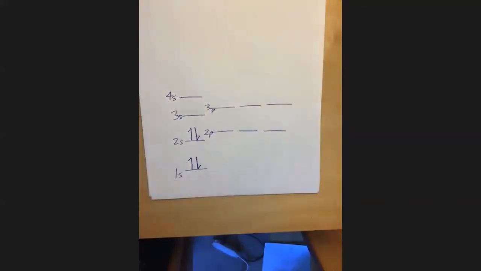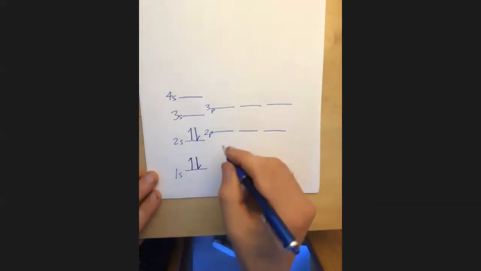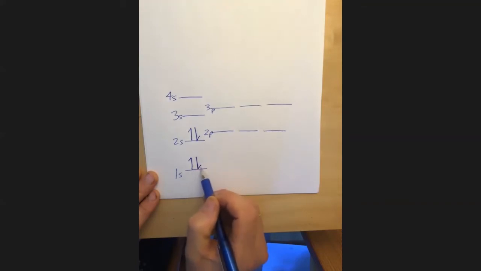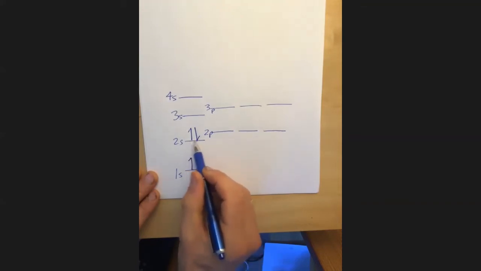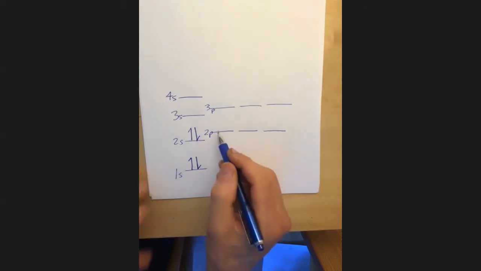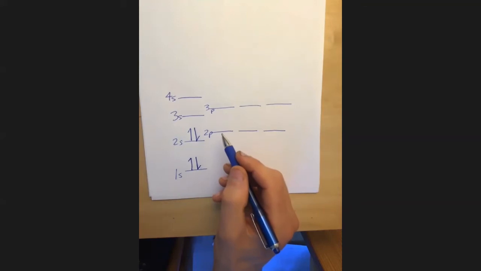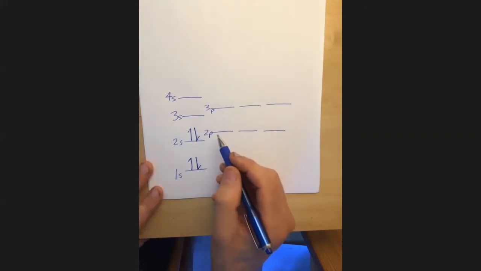Okay, so I'm going to draw a boron, and I put my first 2 electrons in the 1s, my second 2 electrons in the 2s, and almost everybody does it this way, and I don't see any reason why we shouldn't, but it doesn't have to go in here.